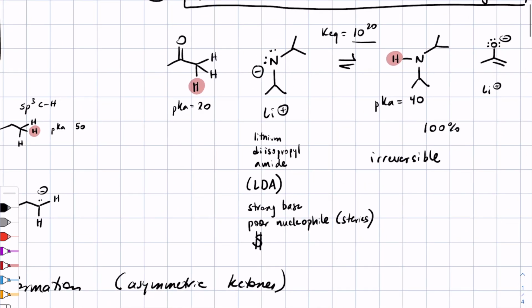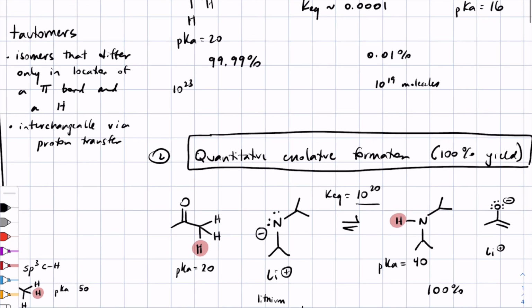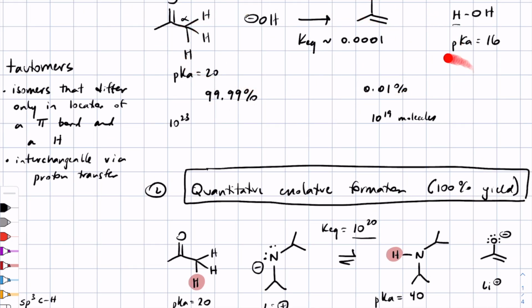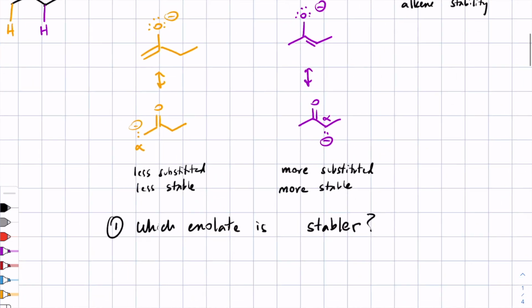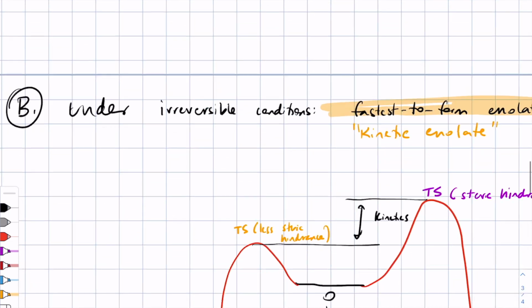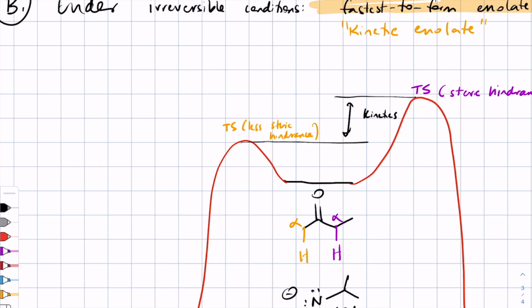So naturally, if you're going to use LDA as your base, you need to have no water present, right? If you did, the first thing that happened would be LDA would remove a proton from water, and then you'd be back here. So it'd be a terrible waste of time and money. So an important aspect of LDA and irreversible enolate conditions is you want it to be anhydrous. That means no water.